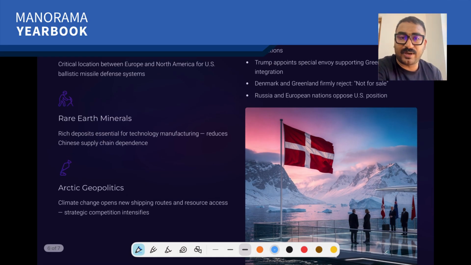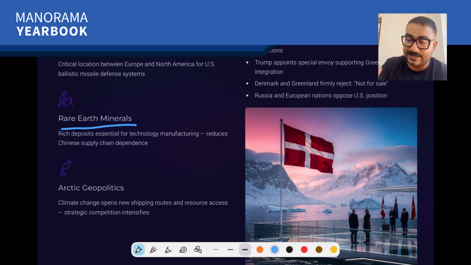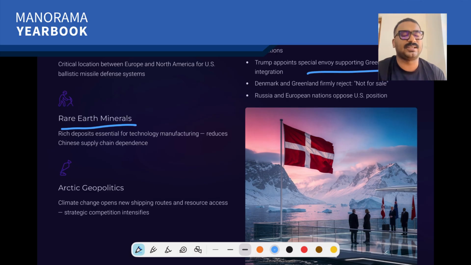In 2025, tension increased when Danish officials were summoned by the US ambassador after reports of a covert influence operation in Greenland. Donald Trump later appointed a special envoy who openly supports Greenland's integration into the United States.